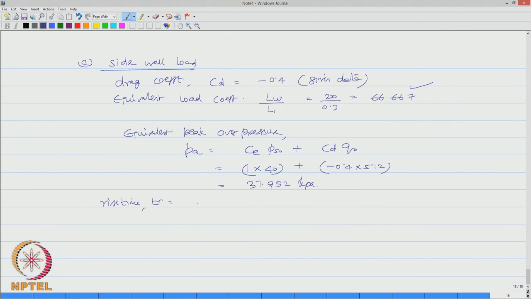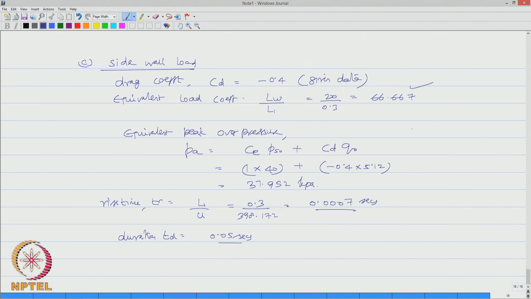Now, let us compute the rise time, which is Tr, which is L1 by U, which is 0.3 by 398.172, which is 0.0007 seconds, and the duration Td is actually 0.05 seconds.